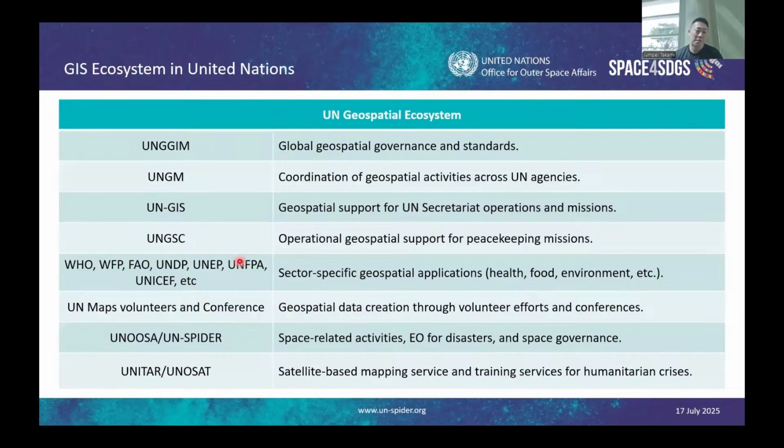Also, I got many questions from many audience members: what is the difference between UN-SPIDER and other United Nations systems? This is a table for the GIS ecosystem in the United Nations. As you can see, there are UN-GGIM, UNGIS and UNGSC, and then many sector-specific geospatial applications, UN Maps, volunteers, conferences, UN-SPIDER, and UNOSAT.